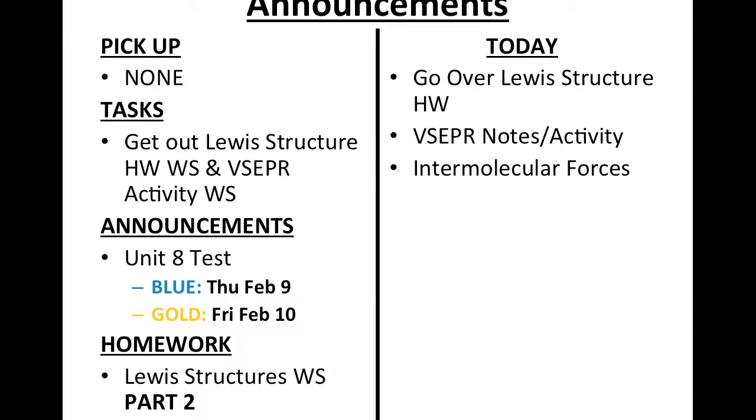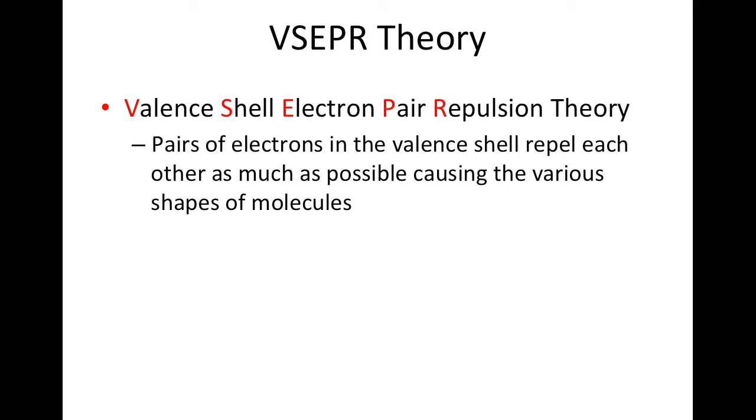So let's get started. First thing, we need to define VSEPR theory. VSEPR is an acronym that stands for valence shell electron pair repulsion theory. What that means is the electron pairs on an atom, we know electrons do group themselves in pairs within orbitals.